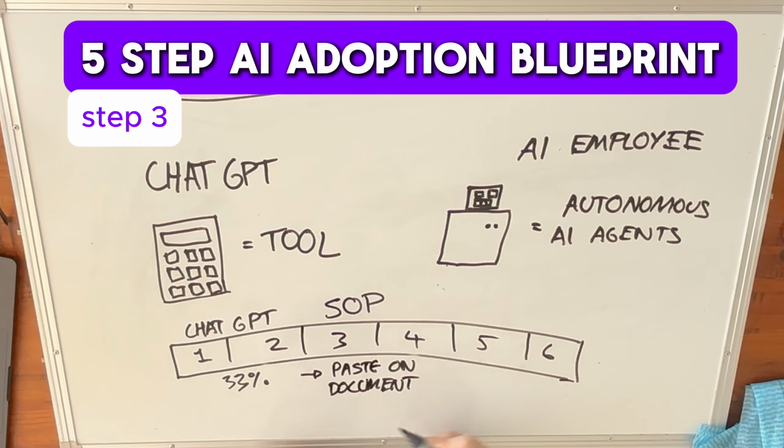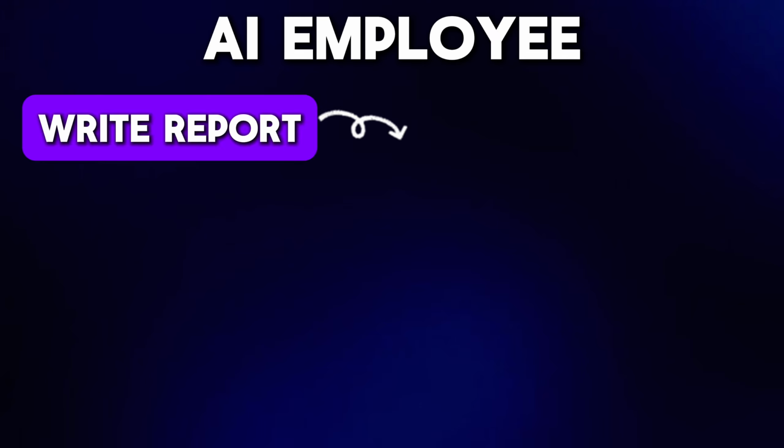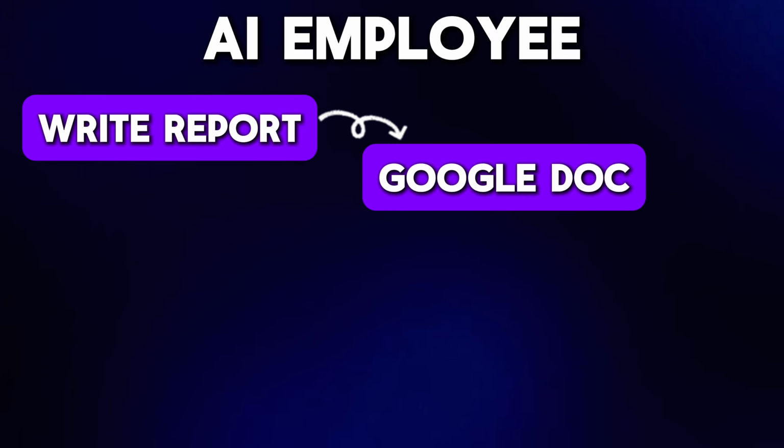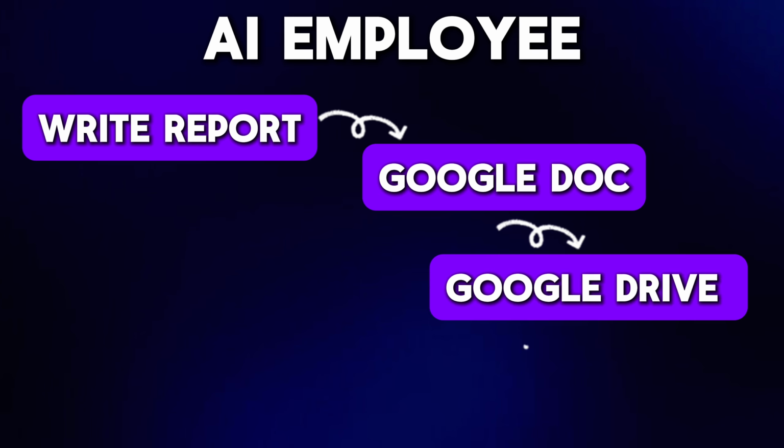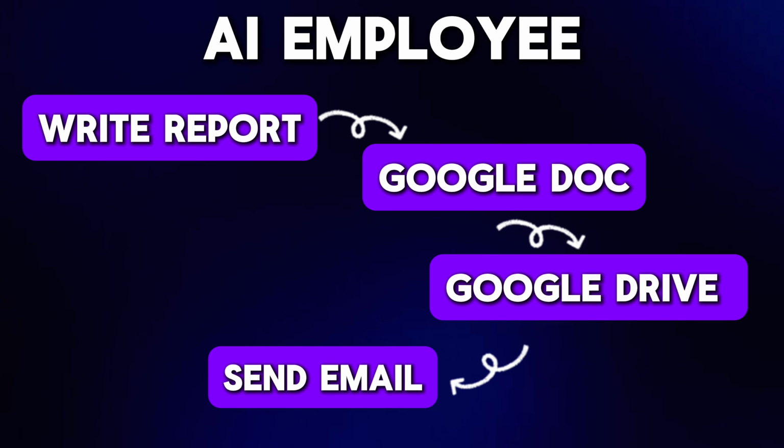An AI employee might not only write the report, it then pastes it into a Google document, labels it correctly, saves it to a Google Drive, and then sends it as an email to said person completely autonomously.